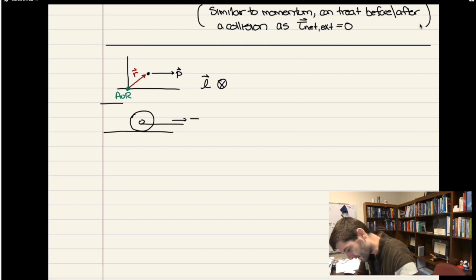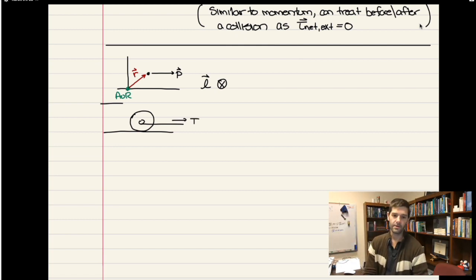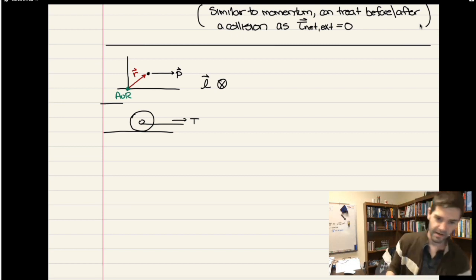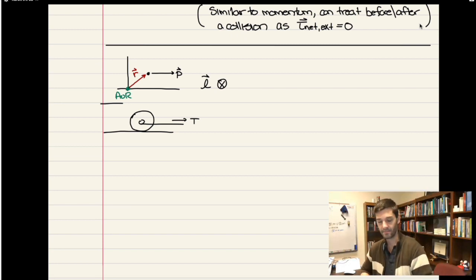Let's try the yo-yo. You have a yo-yo where there's a cord that is wrapped around some sort of ball bearing, some little pulley in the center of the yo-yo.